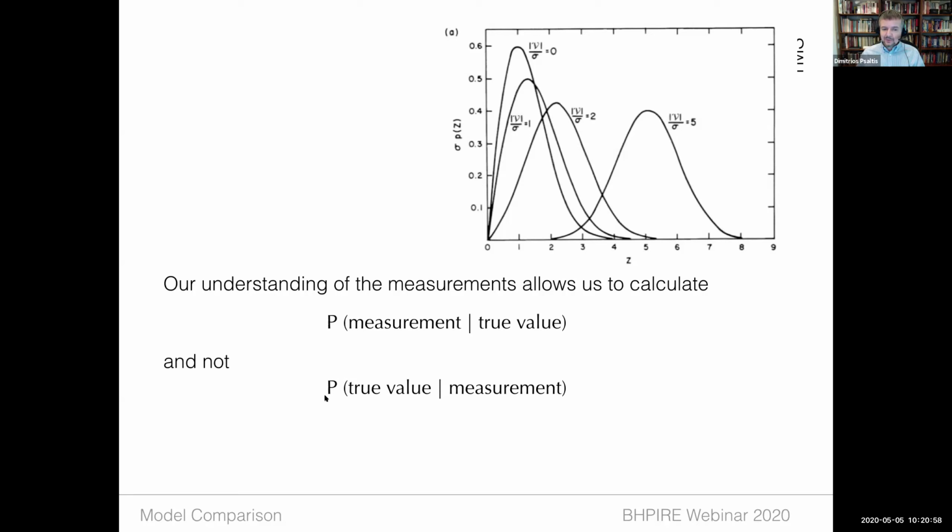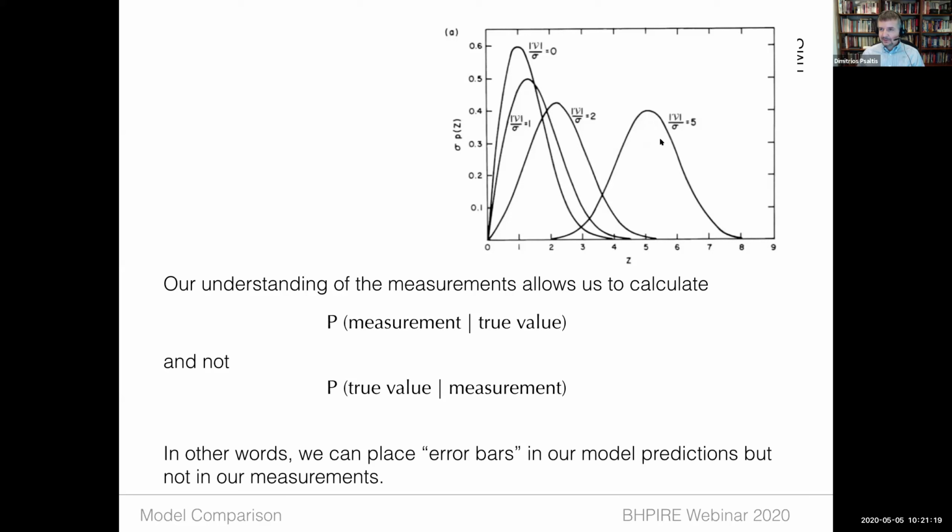However, we want to know the exact opposite distribution. We want to know, if we know the measurement, what is the most likely true value that came from the source? Exactly the opposite. And in other words, our calibration allows us to place error bars in our model predictions.